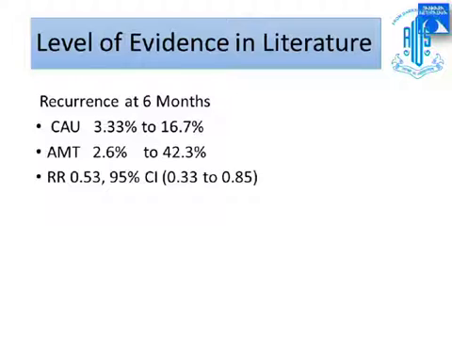The risk ratio is very encouraging, at only 0.53. That says conjunctival autograft does very well in the long term, with almost 47% less recurrence compared to AMT, and the confidence interval does not cross 1. So the evidence is very much in favor of conjunctival autograft compared to amniotic membrane transplant.